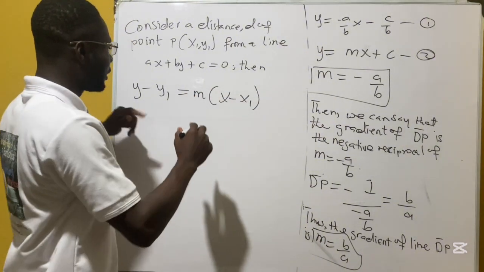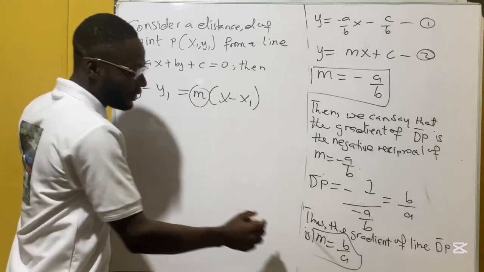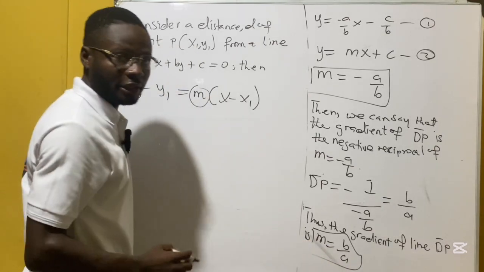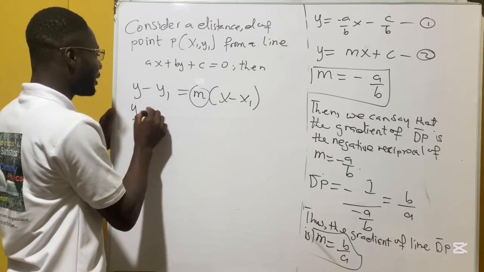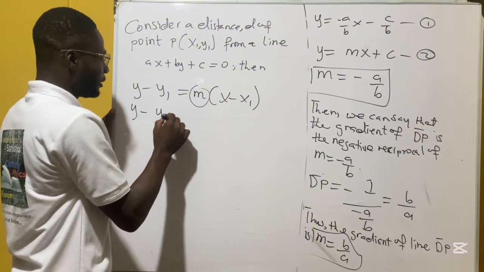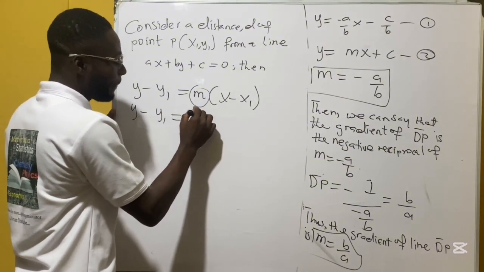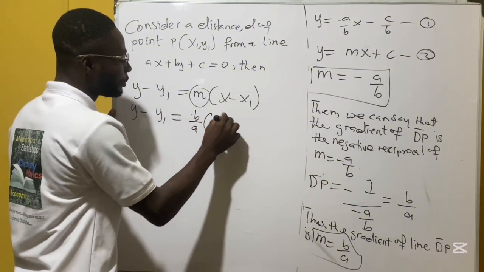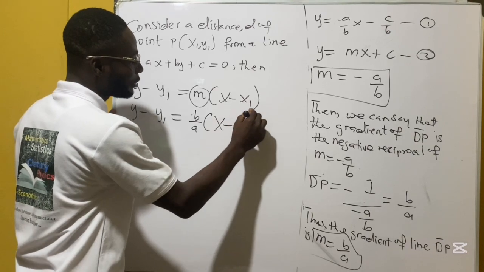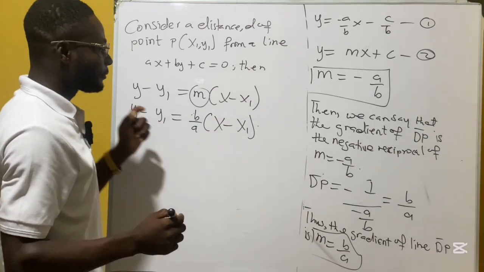Now we have our gradient to be b over a, so we have y minus y1 equals b over a into x minus x1.